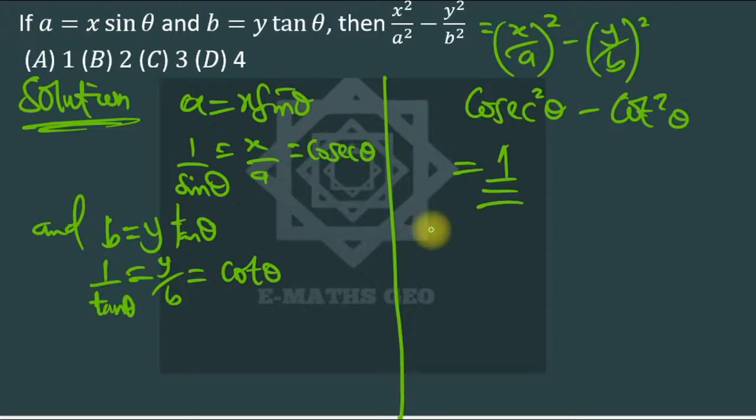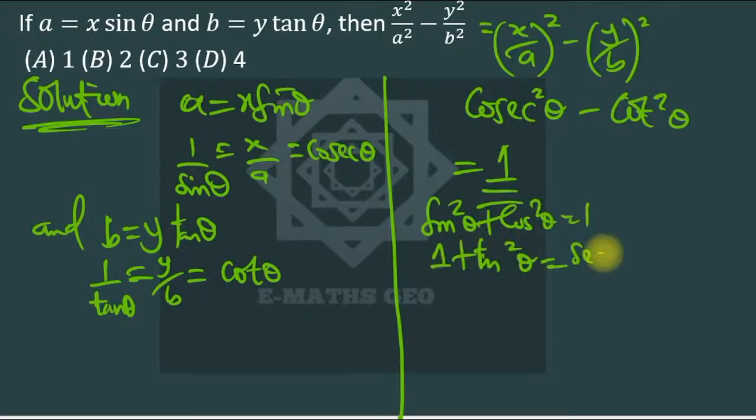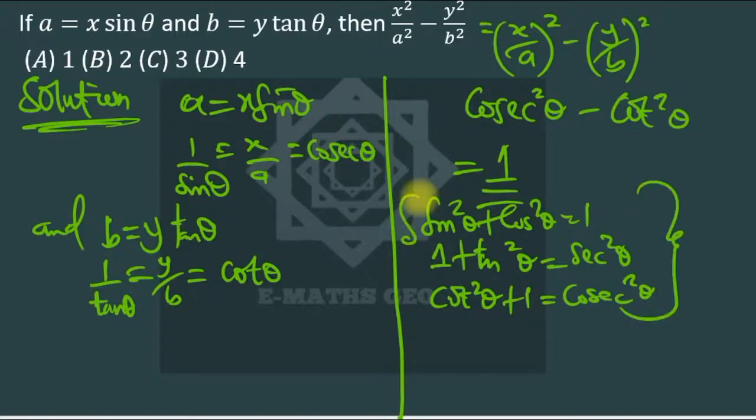We have that sine squared theta plus cos squared theta is 1. We have that 1 plus tan squared theta is sec squared theta. And we have that 1 plus cot squared theta, that's cot squared theta plus 1, equals cosec squared theta. So these are called Pythagorean identities.